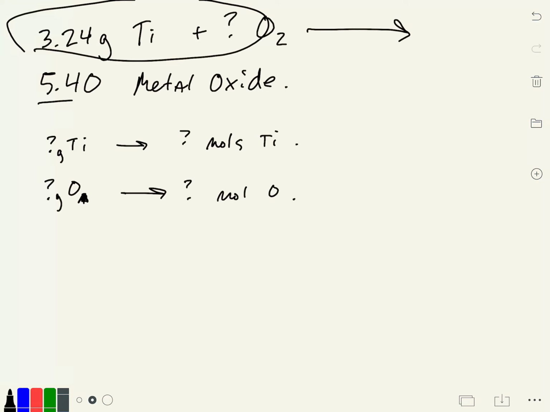If you find out the oxygen mass, you should have found that to be 2.16, and then you convert both of those to moles. And after you do that, let's see. Oh, I don't have my periodic table in front of me.